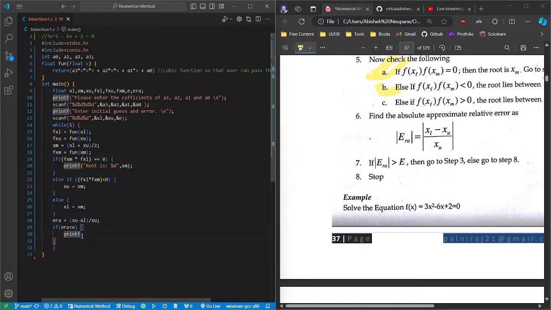There is a typing mistake: root is %d, it should be %f. We are taking a floating value and creating a decimal. Let's break. Since there is no if-else or anything like that, I like to break there.